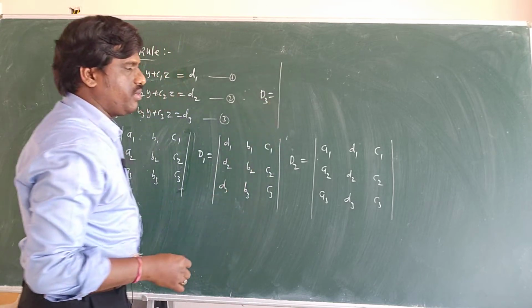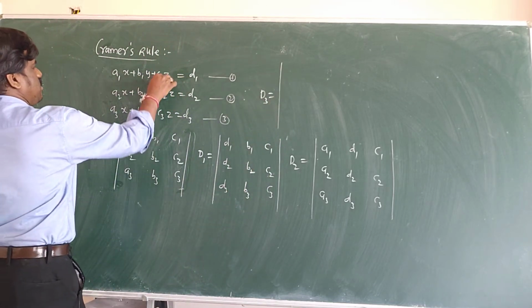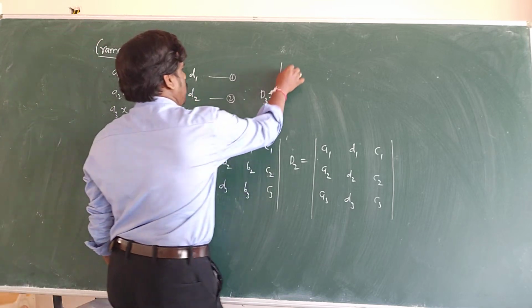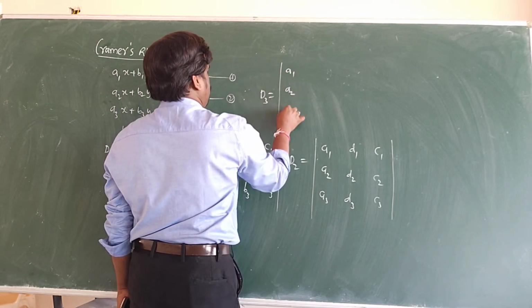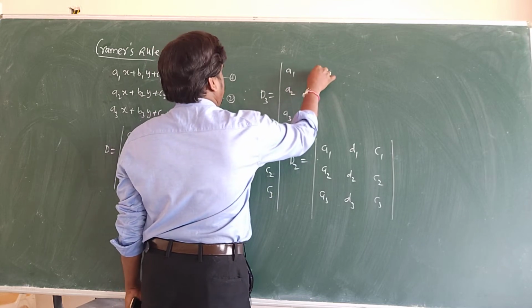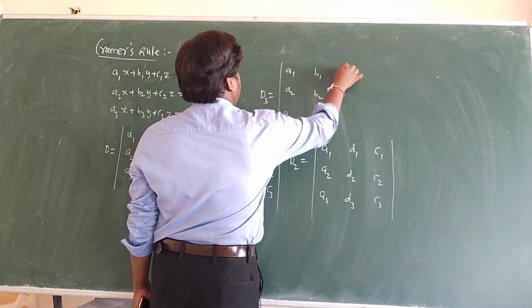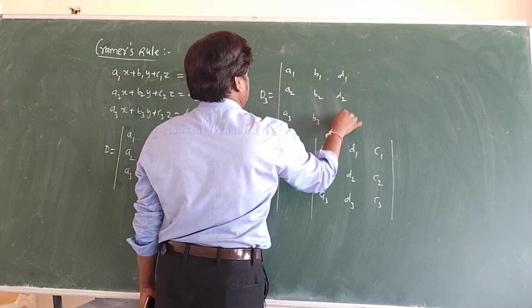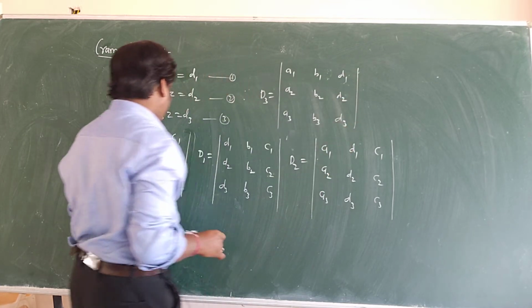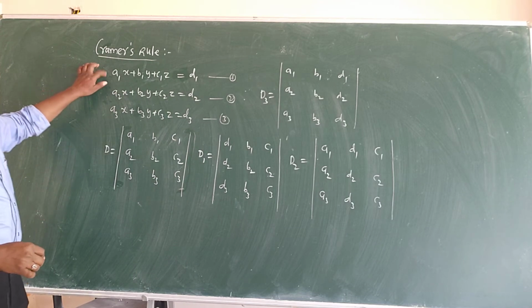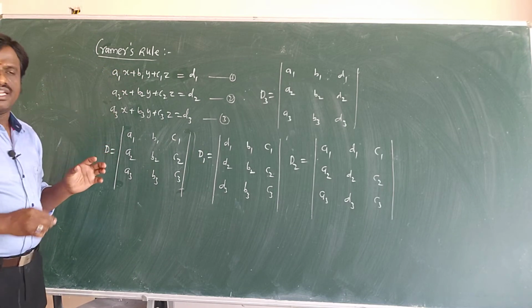In the D3 case, in the place of c1, c2, c3 we write d1, d2, d3. So what I am going to get here: a1, a2, a3, next b1, b2, b3, next d1, d2, d3.